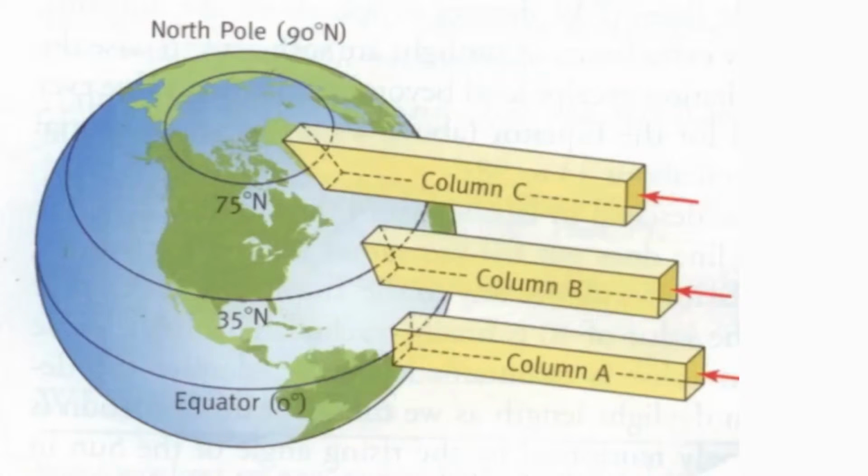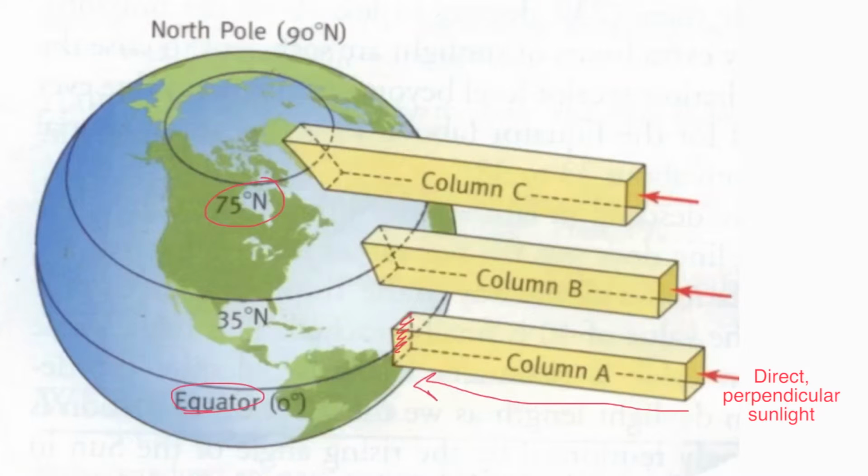If you'll notice here, the solar radiation in each of these columns is essentially the same. But column A hits the Earth perpendicularly near the equator at 0 degrees latitude. In this way, this column of radiation is concentrated in the smallest area, so it receives the greatest energy per unit of area and therefore heats the Earth the most.